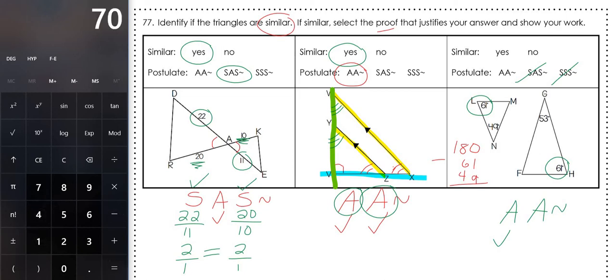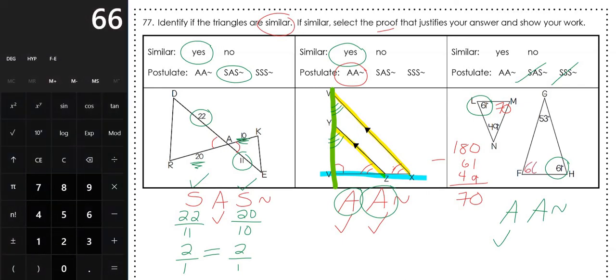I have 70 degrees left over for angle M. Now 70 doesn't match up with 53. Now it's probably not going to match with angle F because my last angle is 49. But just because we want to be thorough, we're going to figure out what angle F is as well. So same thing, take 180, subtract 53, subtract 61, see what you have left, which is 66.